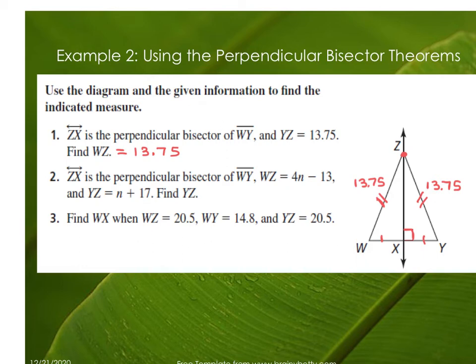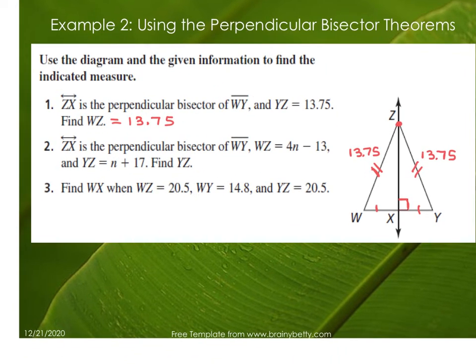Now I'm going to use the same picture. I'm going to change colors. I did number 1 in red. Instead of erasing, I'll do number 2 in blue. Again, same given information that ZX is the perpendicular bisector of WY. This time they're giving me expressions for the lengths of WZ and YZ.